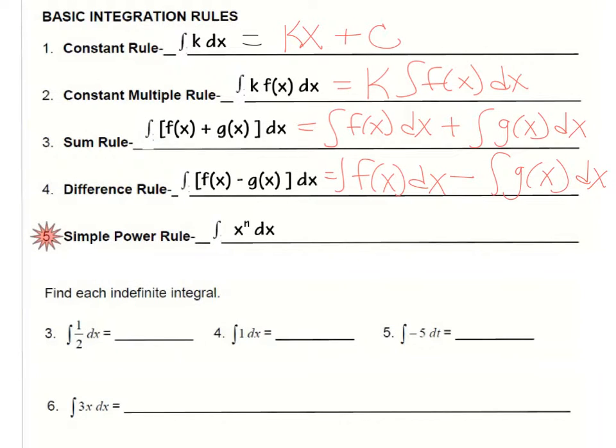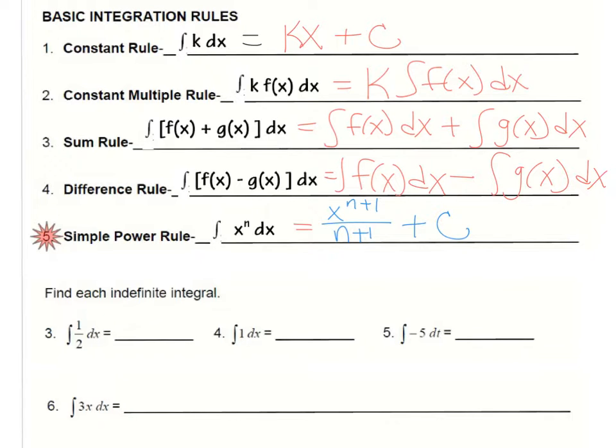And now the very, very most important one today is going to be the simple power rule. How are we going to go from something like x to the 5th back to what equation would give us that derivative? When you're given x to the n, to find the antiderivative, it's going to be x to the n plus 1 divided by n plus 1 plus c.